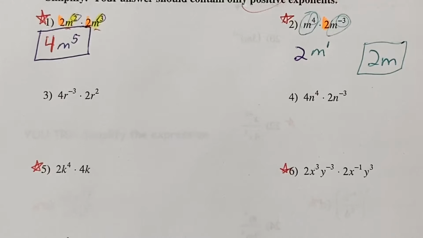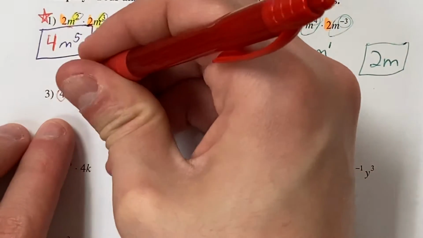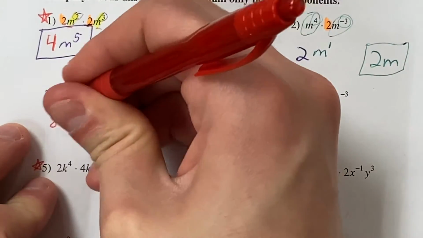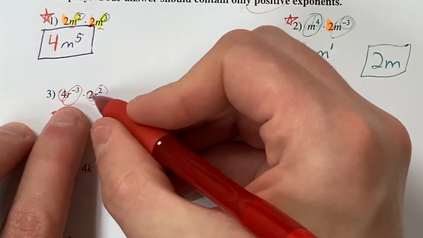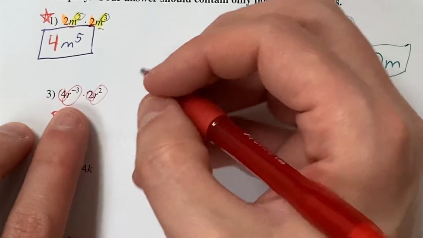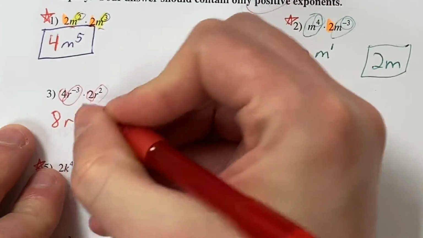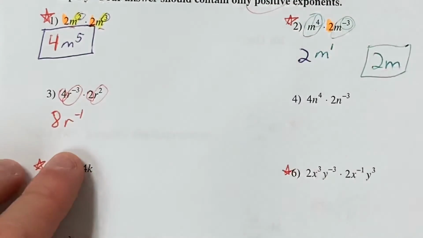If you want to go ahead and pause, try 3 and 4, see if you can do those. 3 might be difficult because of the negative exponent, but 4 should turn out okay. So number 3, you have 4 times the 2 is an 8. Then r to the 3 and r squared. Negative 3 plus 2 is a negative 1. So you end up with r to the negative 1.